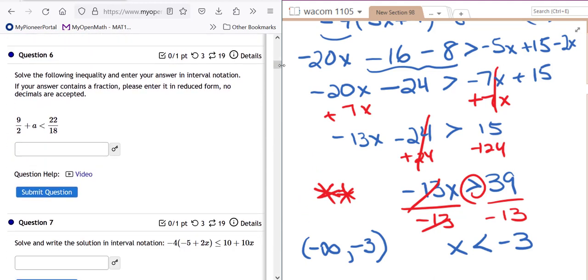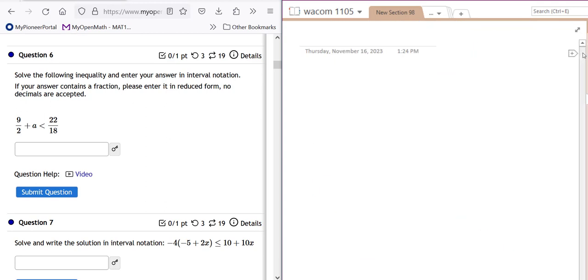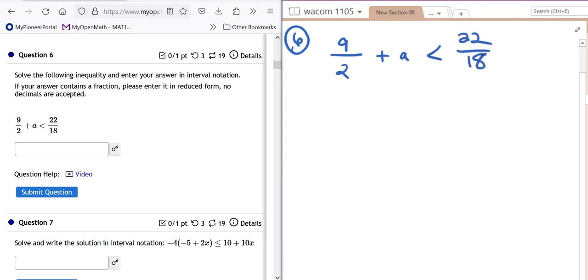All right, here is one more inequality, and it has fractions, so we should clear those fractions out. Your common denominator will be an 18, so we're going to multiply by 18 all the way across. 2 will go into 18 9 times, so we have 9 times 9 is 81, plus 18a is less than, this side your 18s cancel.